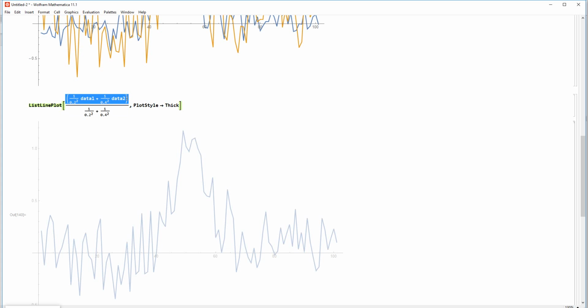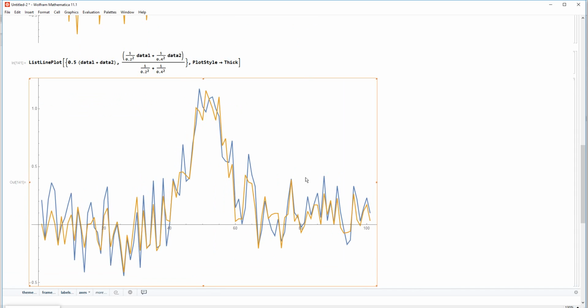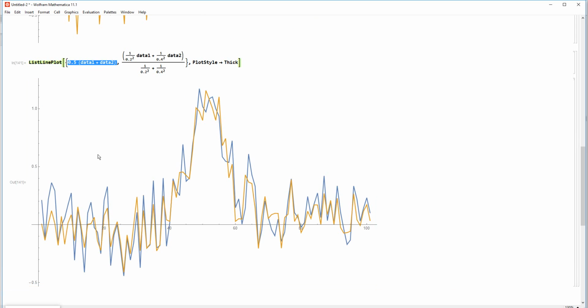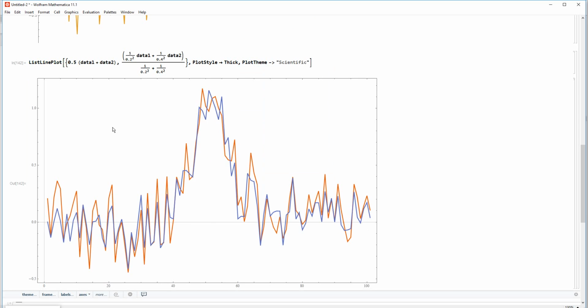And let's keep the initial one and compare it with the simple average. Again, the blue one here is our simple mean value of the two. It's not too visible in this plot, so let's take a different color scheme.